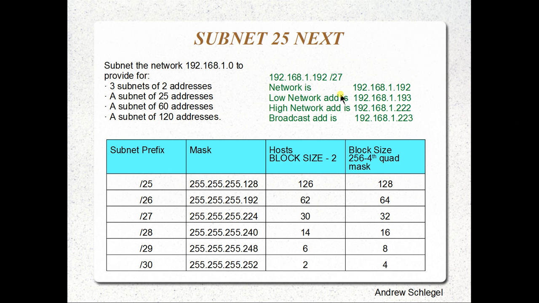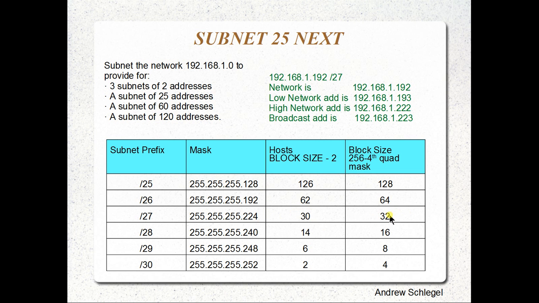So the /27 is going to give us, if you look at 128 plus 64 plus 32, that's the first 3 bits, a 224. The 256 minus the 224 gives us a block size of 32, minus 2 gives us 30 hosts. Okay, so that's a 224.